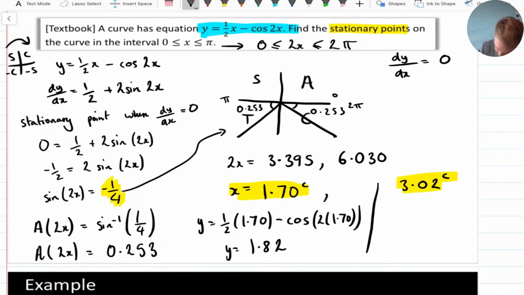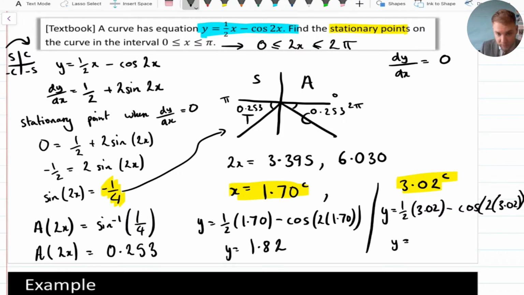And for this one here exactly the same, y is equal to a half of 1.70 minus cos of 2 times, it should be 1.70, should it? It should be 3.02, silly Billy. So 3.02 times 2 times 3.02.